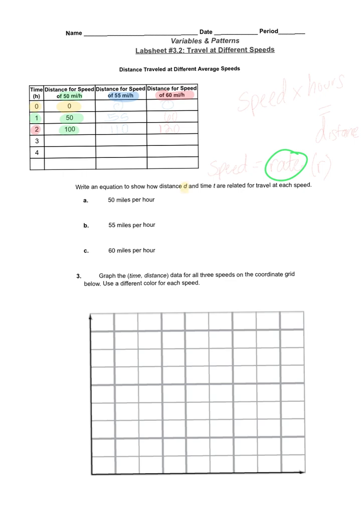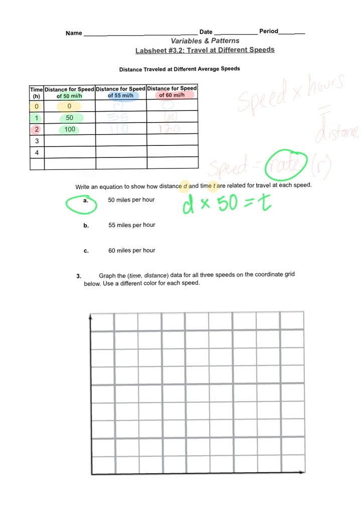We have D for distance and T for time. Okay, so D for distance and T for time means that we're going to say that our distance is being multiplied by that 50 to give us the time. So that would be our first equation for A.